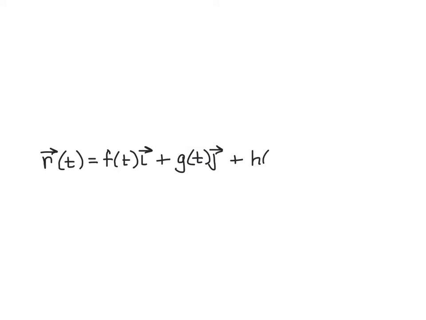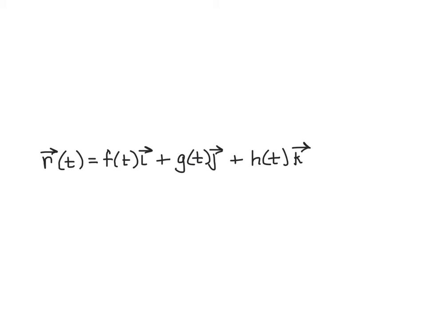So let's start with our r vector, which is a function of time, and it has components in the i, j, and k direction, where our first is some function of time in the i direction, another function of time in the j direction, and a third function of time in the k direction.